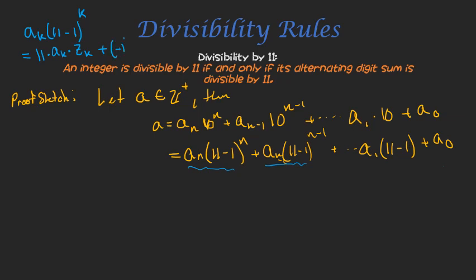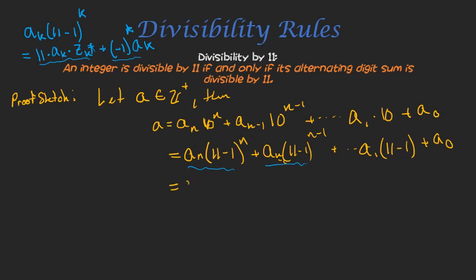In this case y is negative 1, so it's plus negative 1 to the k times a_k. Remember how we could do that from the last slide? We break it up as some multiple of 11 plus this y to the k. And for each one of these, I'm going to do that.